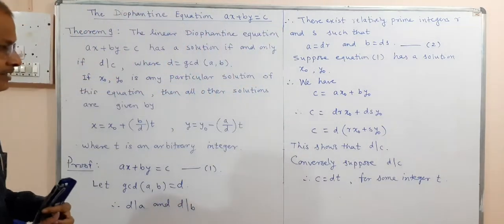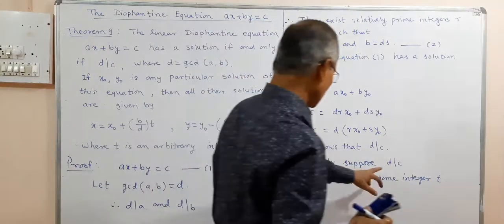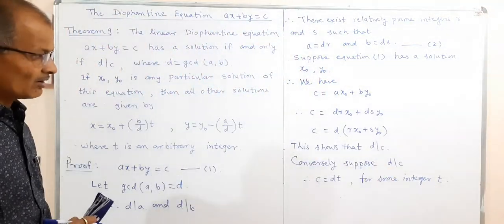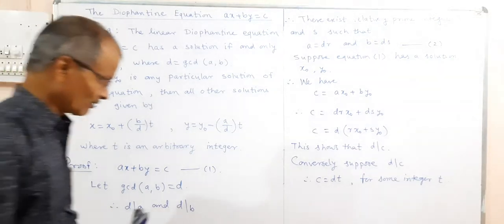Then we will consider the greatest common divisor also. Suppose d is equal to the GCD of a and b, which can be written as a combination of x naught and y naught.